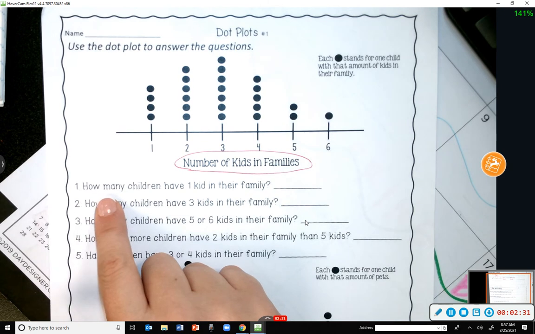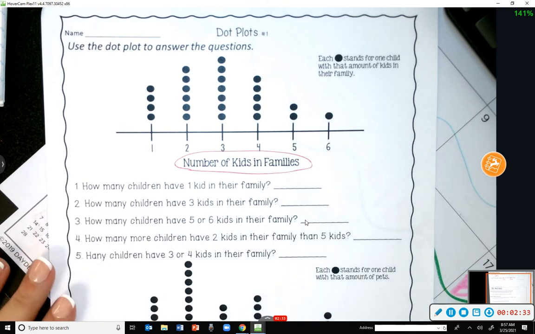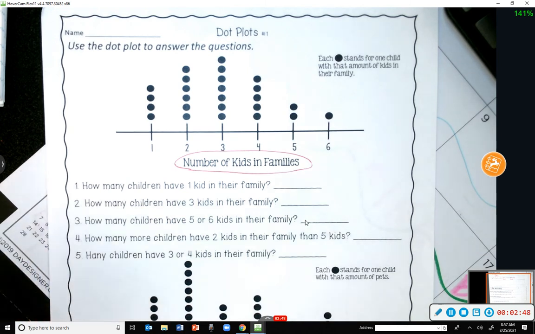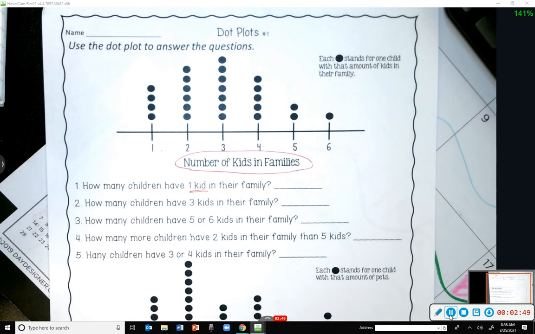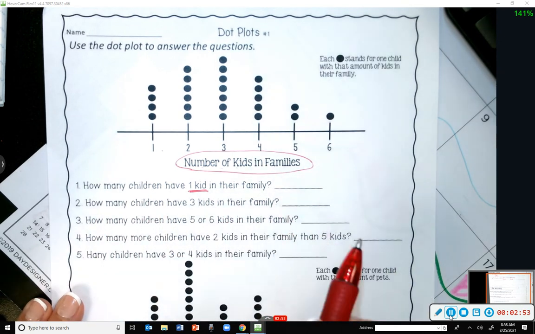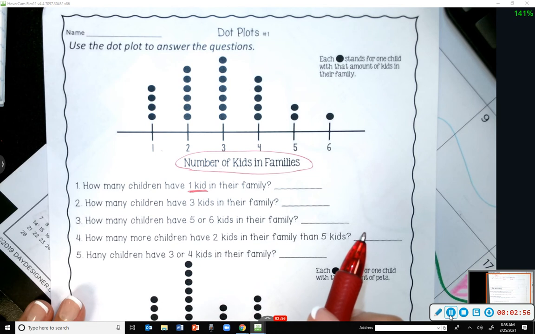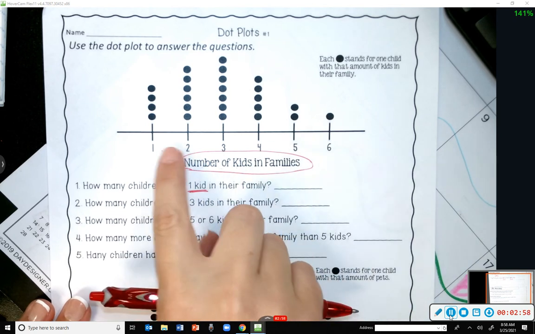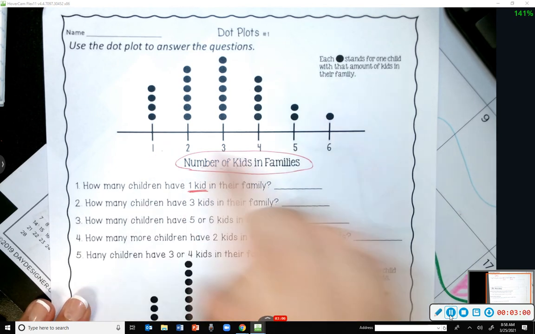So let's look at number 1. It says, how many children have 1 kid in their family? So where do I need to go on my dot plot, Bryson? Okay, so when it said how many children have 1 kid, we need to go where on our dot plot? The 1, because this represents 1 kid.